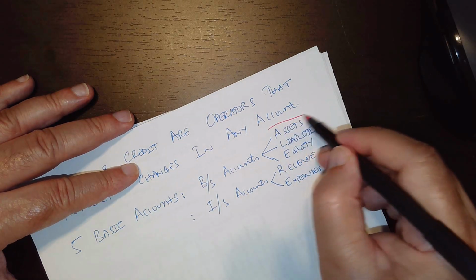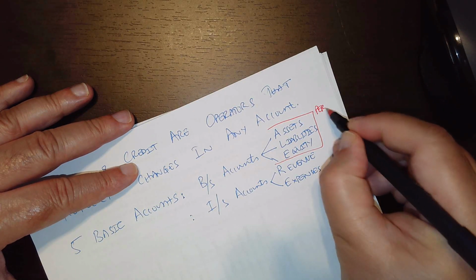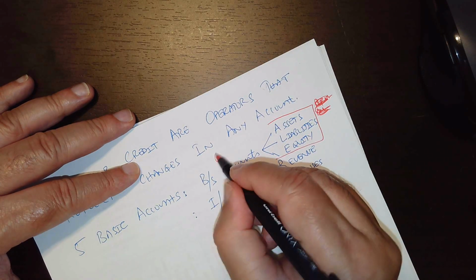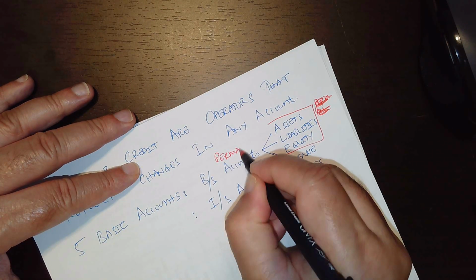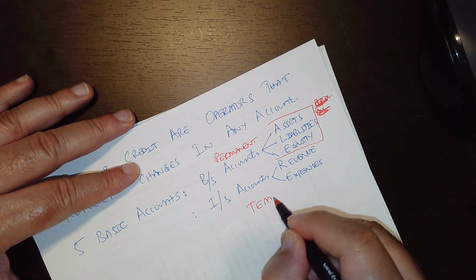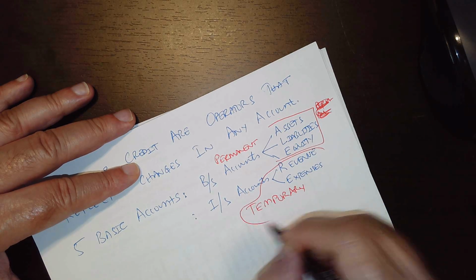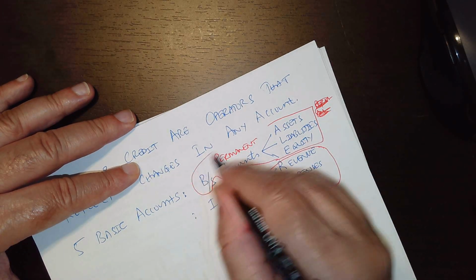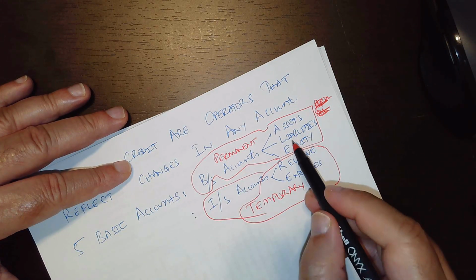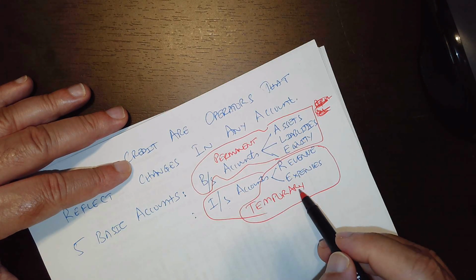These 3 accounts are considered permanent. And these are temporary accounts. So the balance sheet accounts are permanent accounts: asset, liabilities, and equity. And income statement accounts, revenue and expense accounts, are temporary accounts.